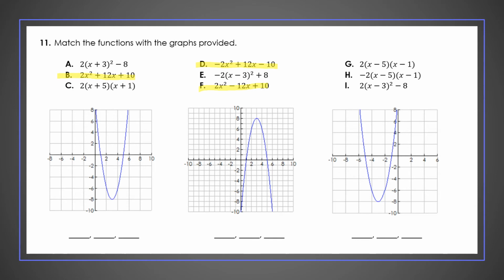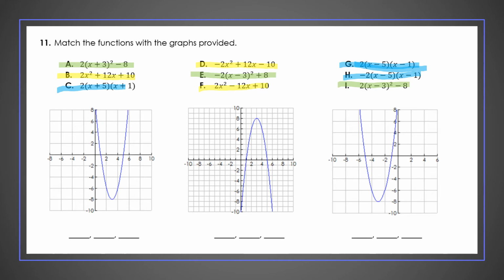That gives you your vertex, so that would be a, e, and i. And then finally, factored form or intercept form gives you your x-intercepts, and that's the a times x minus p times x minus q, and that would be equations c, g, and h.